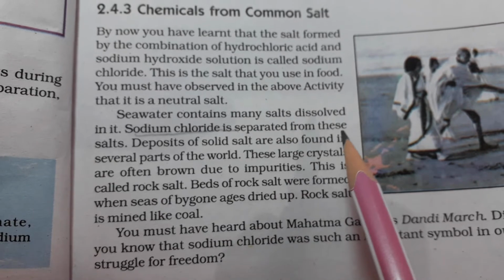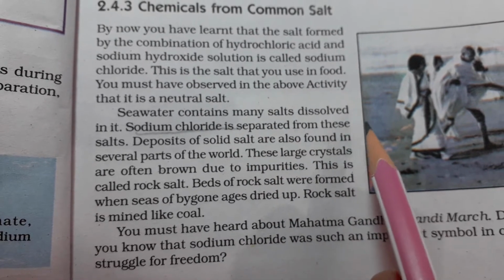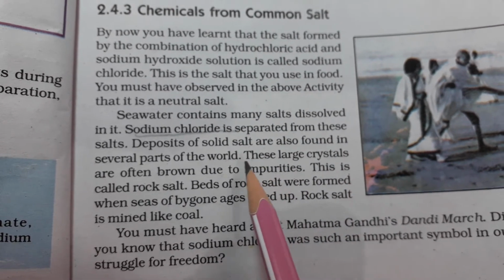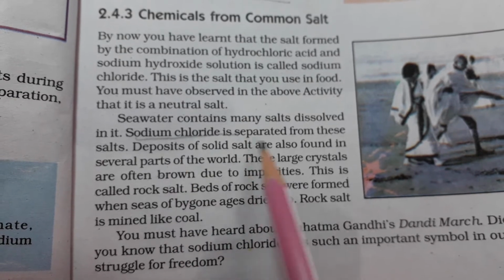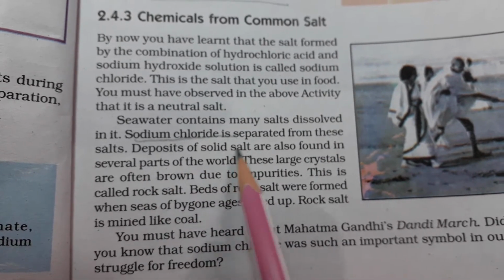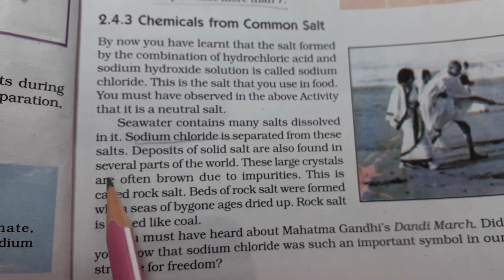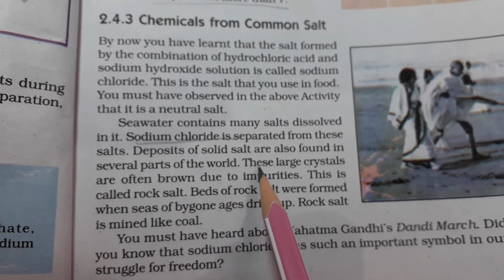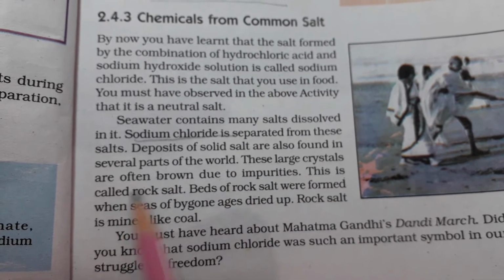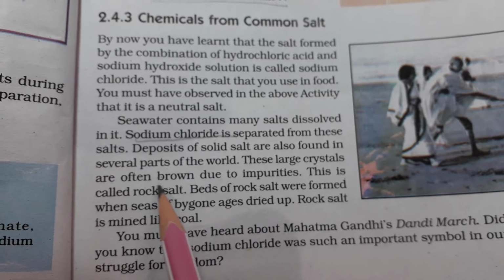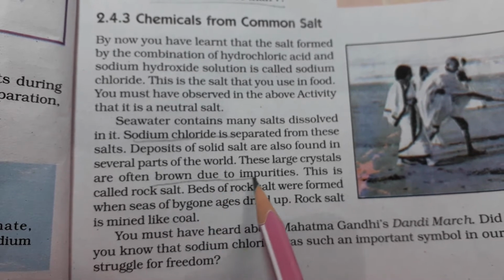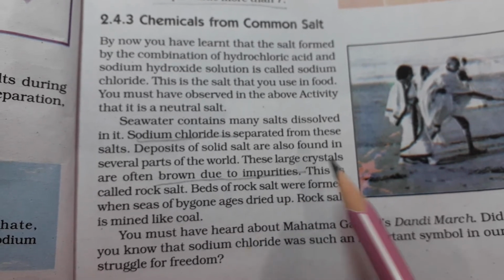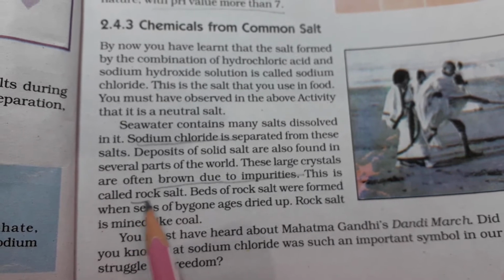It is present in a large amount in sea water, and deposits of solid salts are also found in several parts of the world. These large crystals are often brown due to impurities, and these are called rock salts.